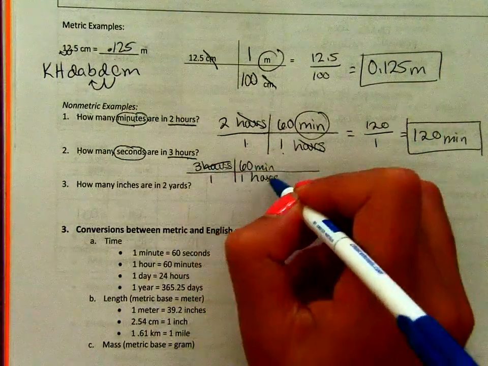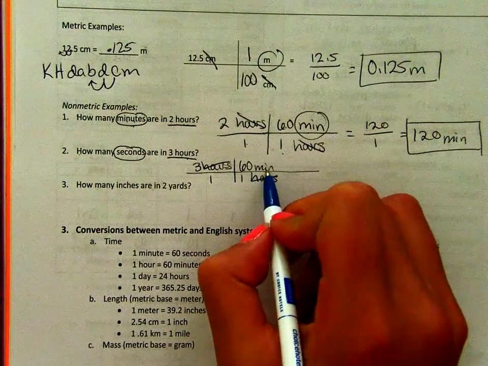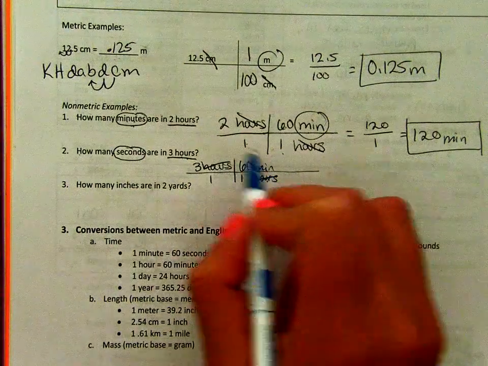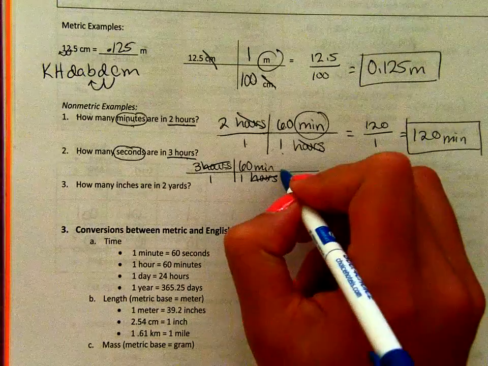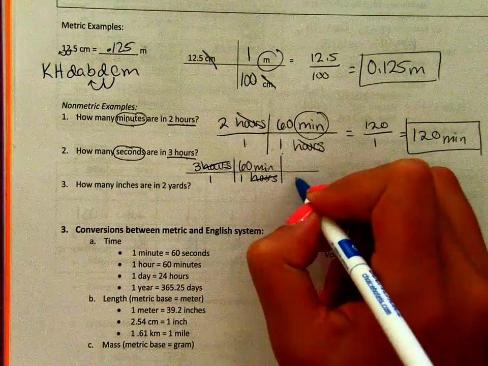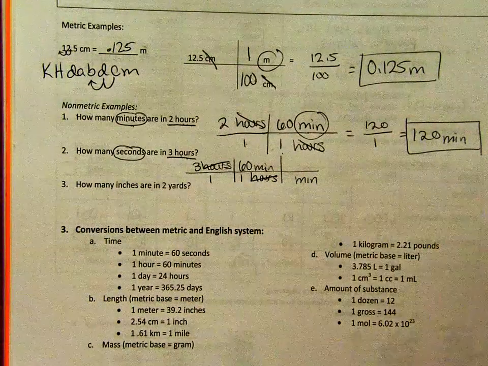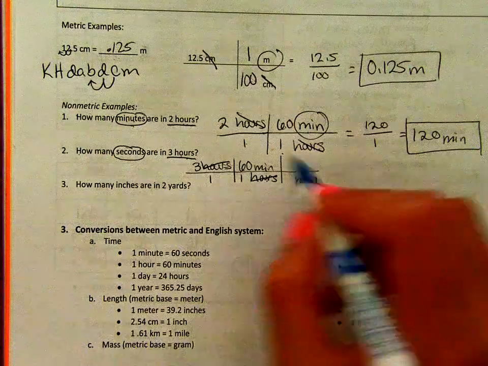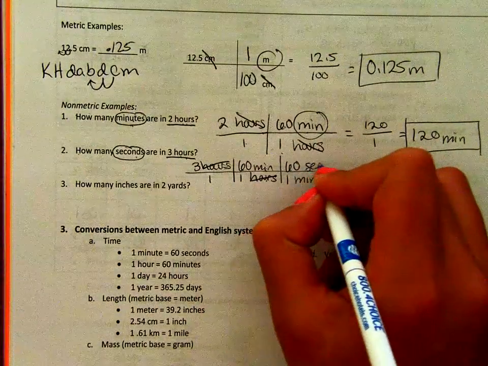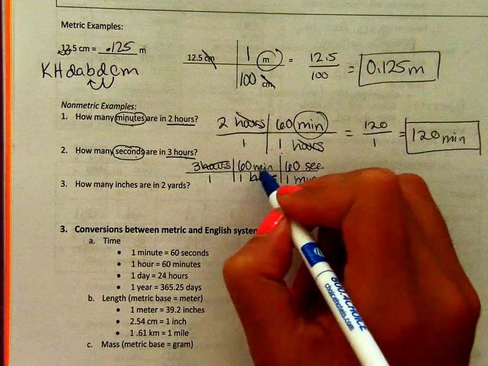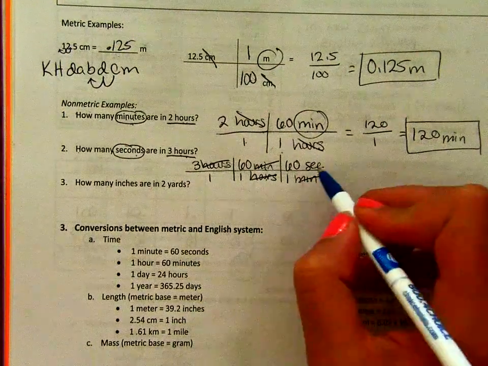Cross off my unit. Am I at my final destination? I'm at minutes. I want to be in seconds, so I'm not there yet. I'm going to keep going. I'm going to draw my line, bring my words down. What do I know about a minute that I can get to from seconds? Well, I know that in 1 minute, there are 60 seconds. My minutes will cancel, and I'm left with seconds.